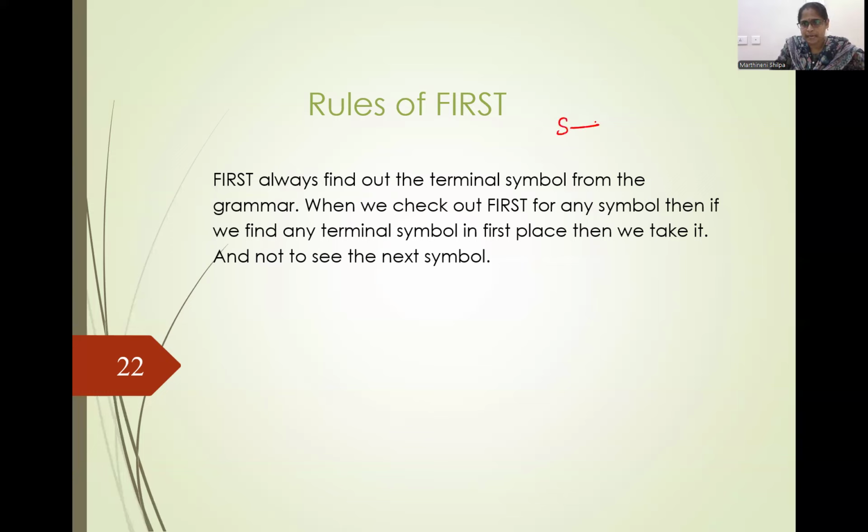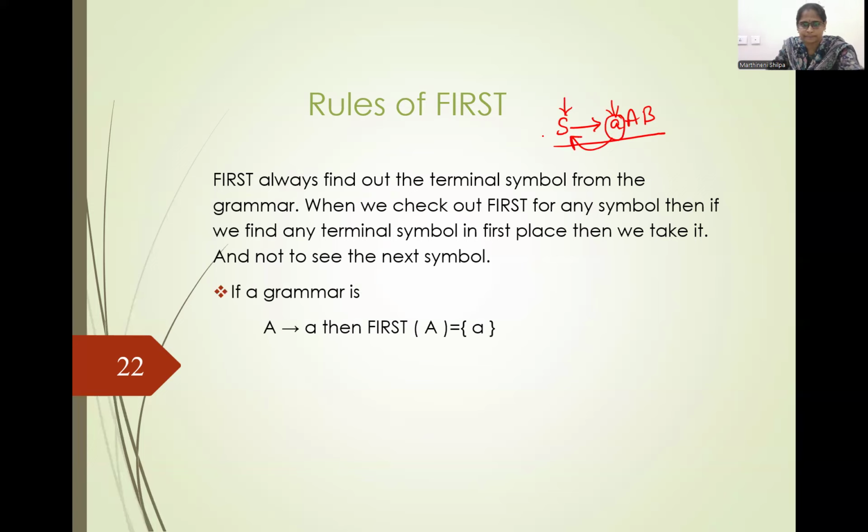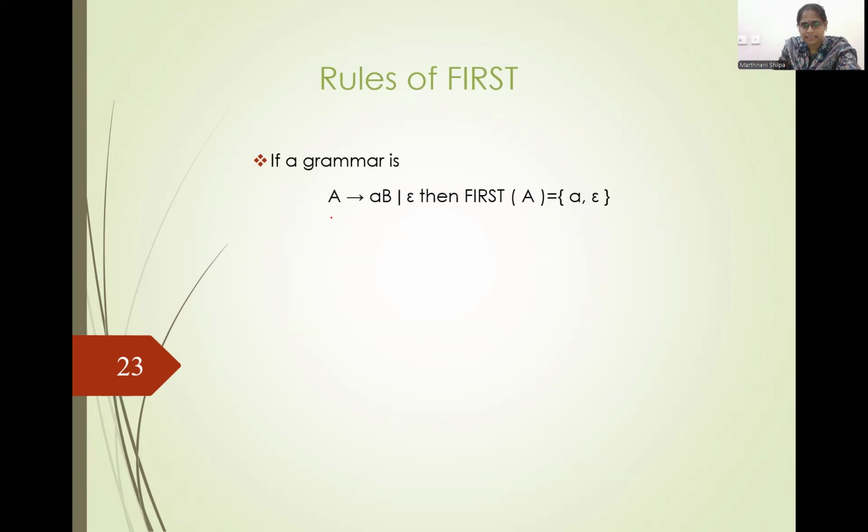See, S is a starting symbol and it is going to derive B. Let us take this production as an example. And S is going to derive a set of strings which starts with a terminal A. Then this A is said to be first of S. Here it is given S derives A, then first of S is equal to A. And if the grammar is in this form, then first of A is equal to A. Then if the grammar is in this form, that means A is deriving AB and also A is deriving epsilon.